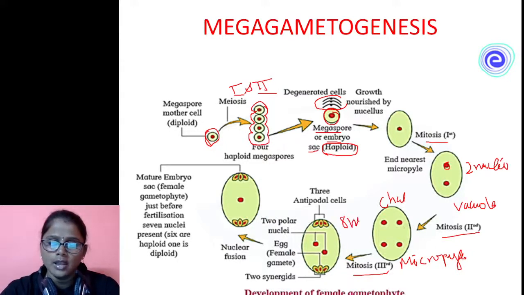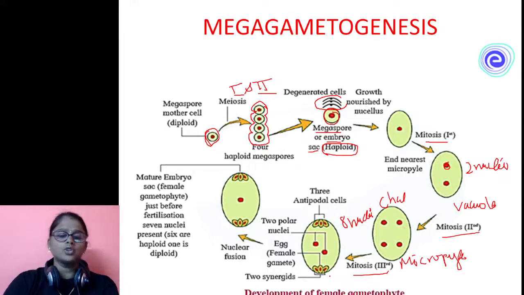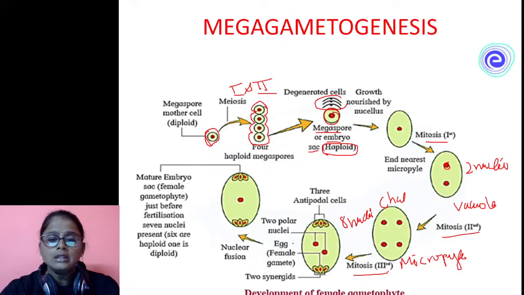How many nuclei? 8 nuclei are formed at the end of third mitosis. Then after the formation of 8 nuclei, 3 of them are present at the chalazal end, 3 of them are present at the micropylar end, 2 of them are present at the center region.